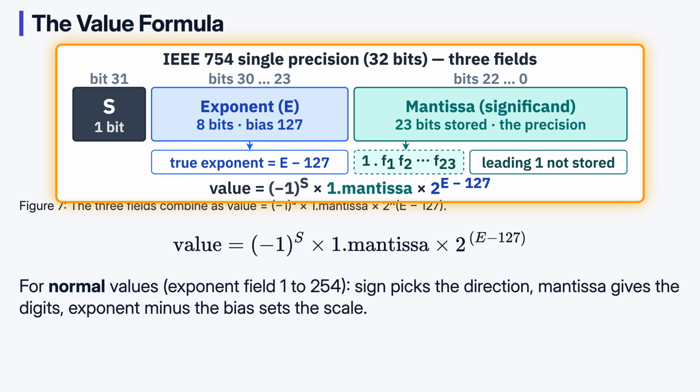Read it left to right. The sign picks the direction, plus or minus. The 1 point mantissa gives the significant digits, with that implicit leading 1 restored. And 2 to the power of the true exponent, the stored exponent minus the bias, sets the scale. 3 fields, 1 clean formula.